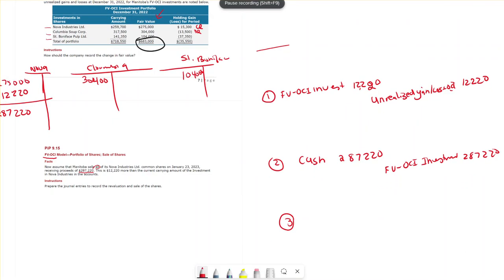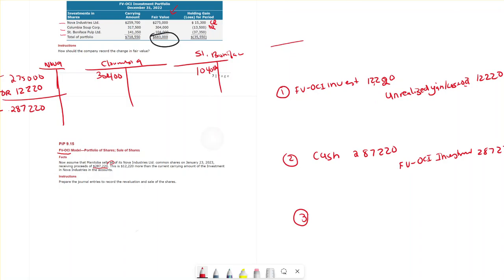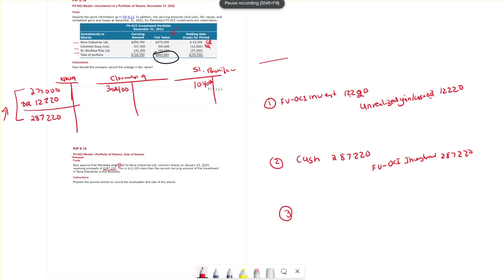So when you clear your other comprehensive income, what will be the value of your accumulated other comprehensive income just for the Nova? When we did our first entry, we had a credit balance. So what we had is a gain. And how would you do a debit? If you have a gain, you already have a credit.